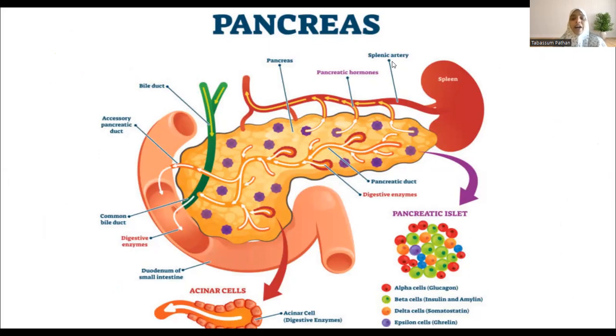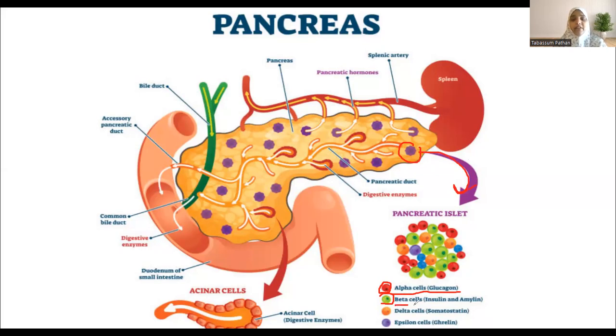Along with that, you have different types of cells of the pancreas which secrete certain hormones. As you see over here in the picture, the red ones are known as alpha cells, they secrete the hormone glucagon. The green cells, if you take a section of the pancreas, these are the pancreatic islets, and when you magnify it, you have a combination of these cells.